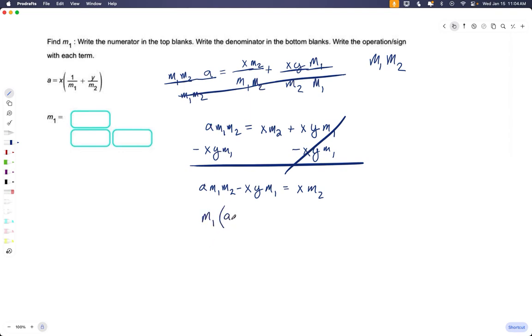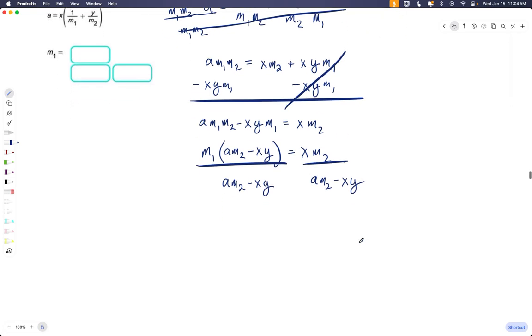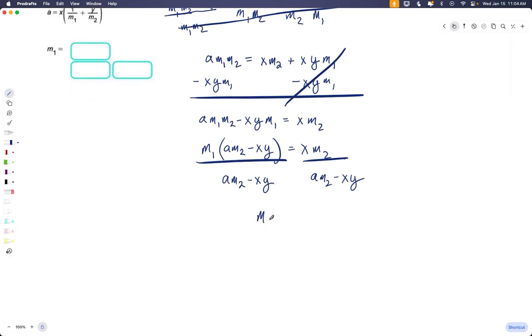That leaves A, M2 minus XY is equal to X, M2. Divide both sides by the other term, A, M2 minus XY. So M1 is equal to X, M2 over A, M2 minus XY.